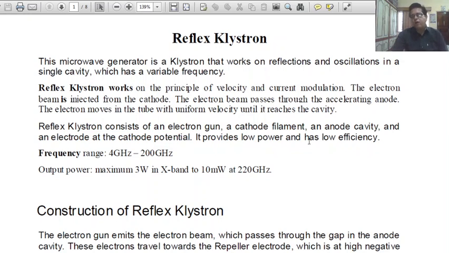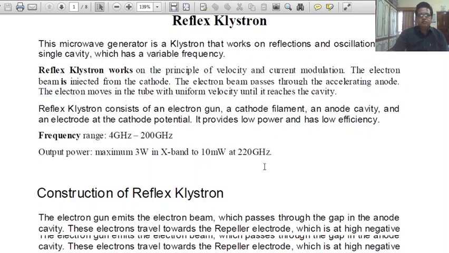It provides low power and has low efficiency. Frequency range is 4 GHz to 200 GHz. Output power is maximum 3 watt in X band. What is this? This is the designation of the band which we studied in an earlier lecture. Also 210 millivolt at 220 GHz.